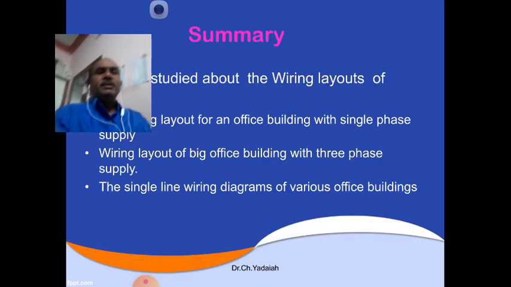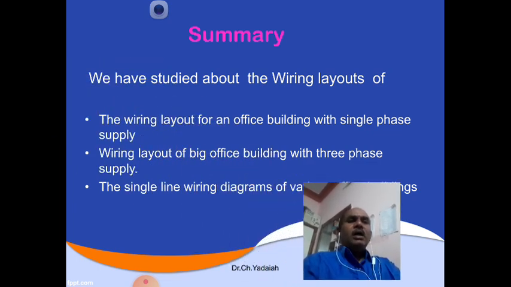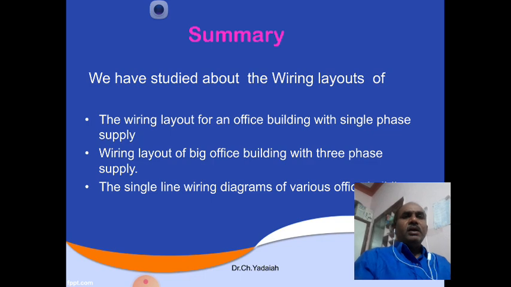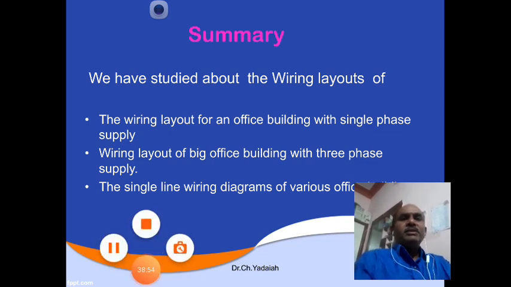Now let us summarize what we have learned today. We have studied the wiring layout of an office building with a single phase supply, the wiring layout of a big office building with a 3-phase supply, and single line wiring diagrams for various buildings.